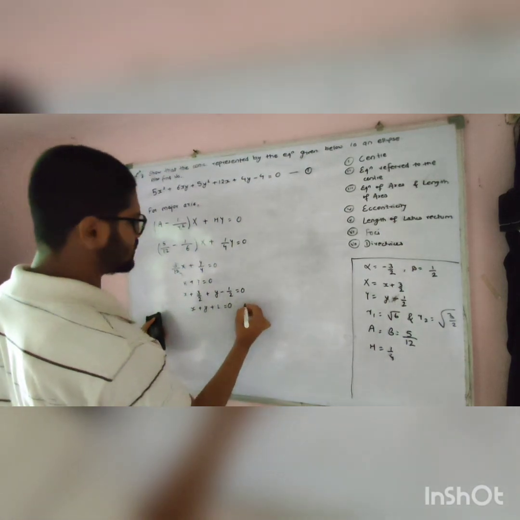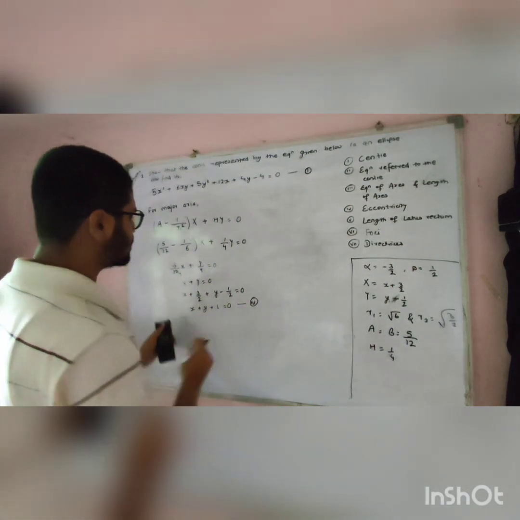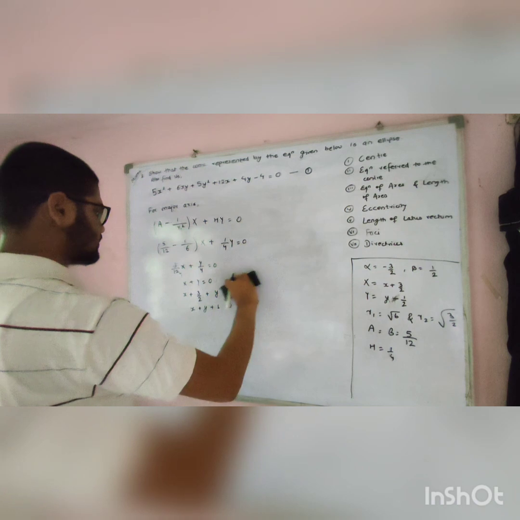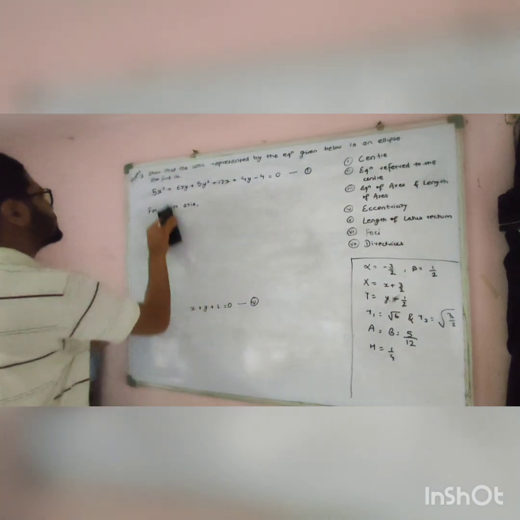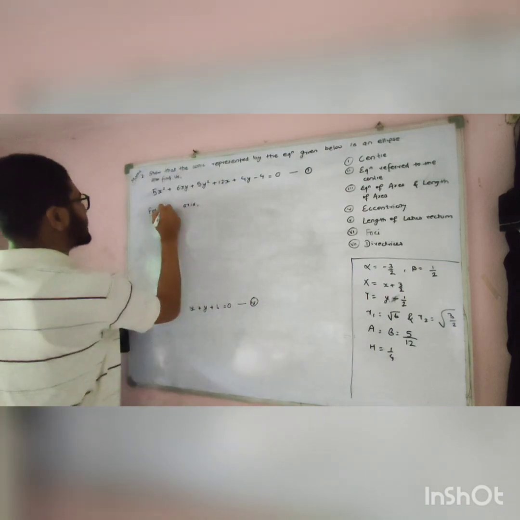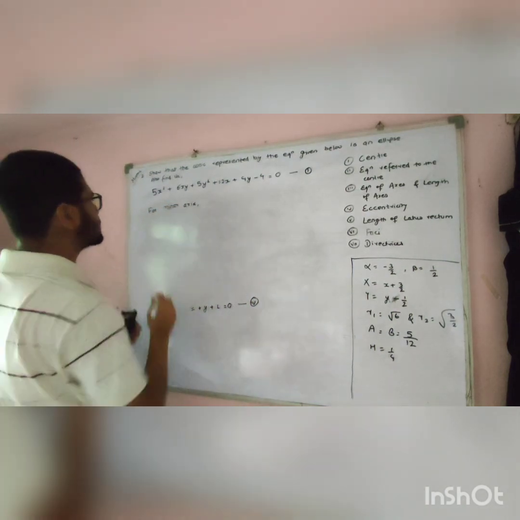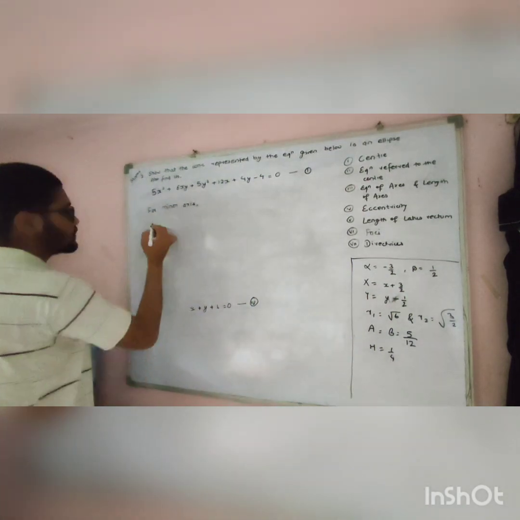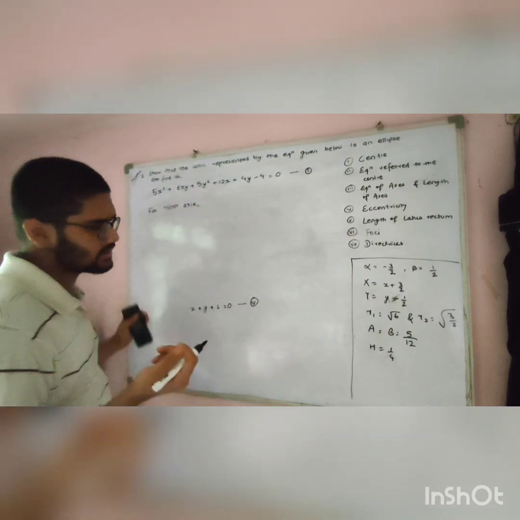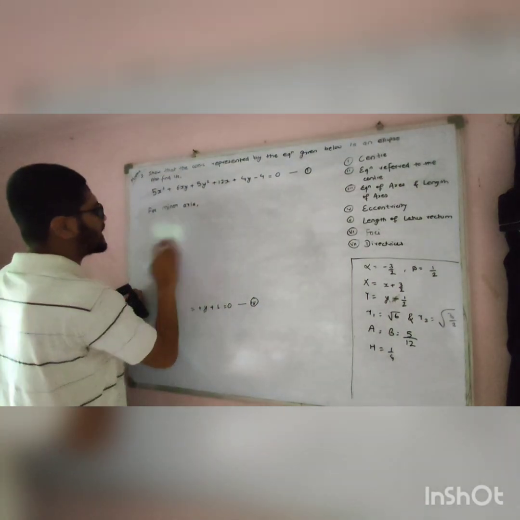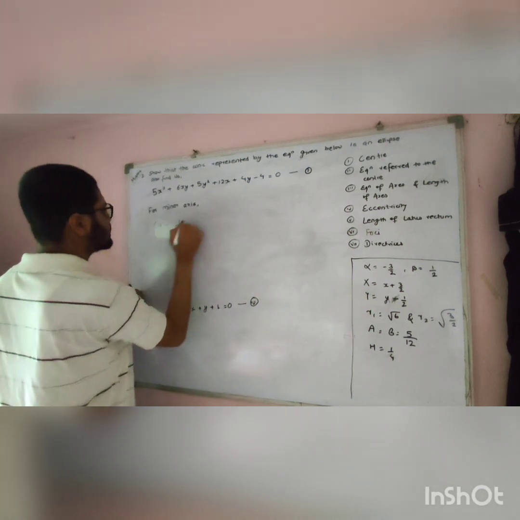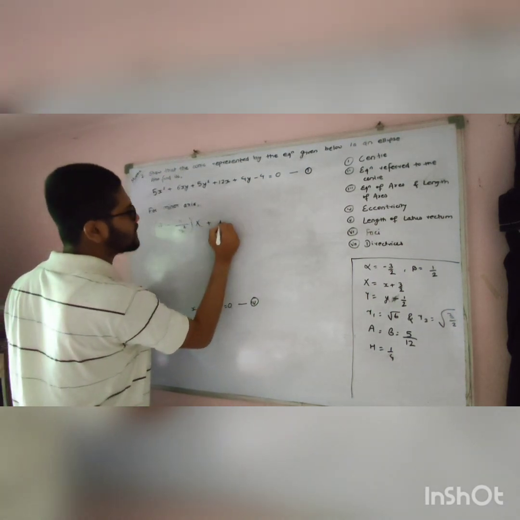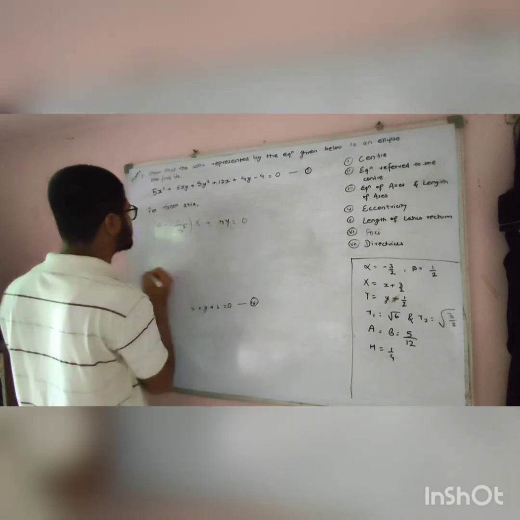I'm taking it as equation 4. So I'm rubbing this all. Similarly, for minor axis, we have the same equation where we have to replace r1 by r2, a minus 1 by r2 square times x plus h y is equal to 0.